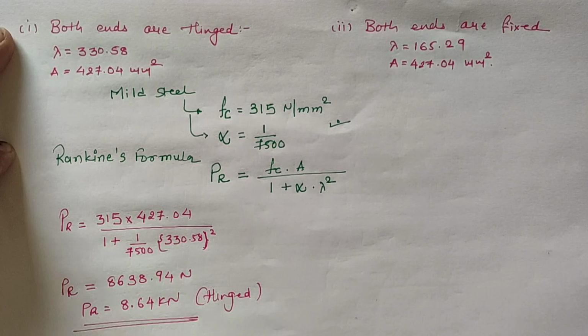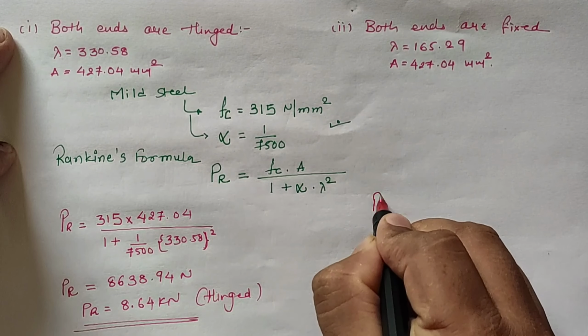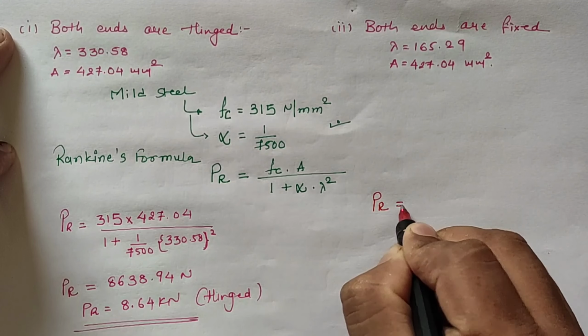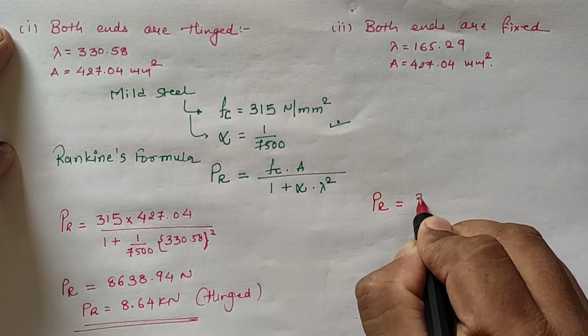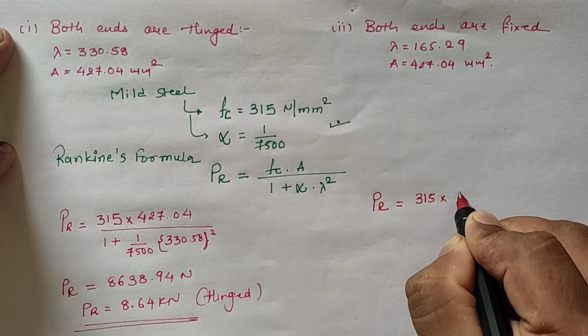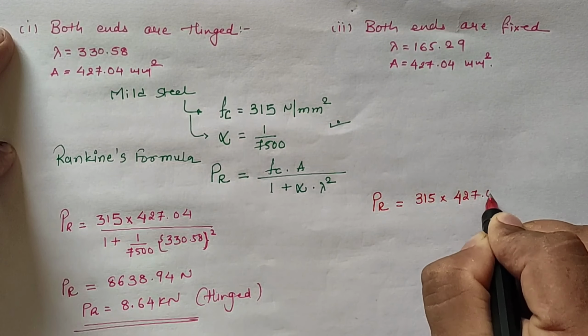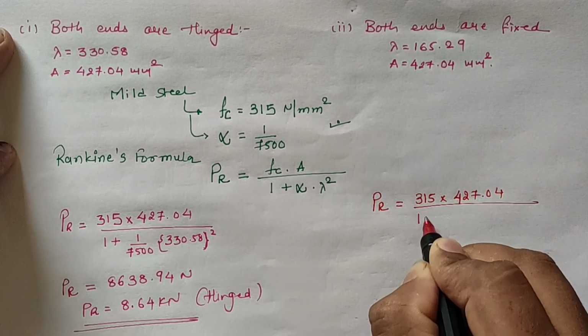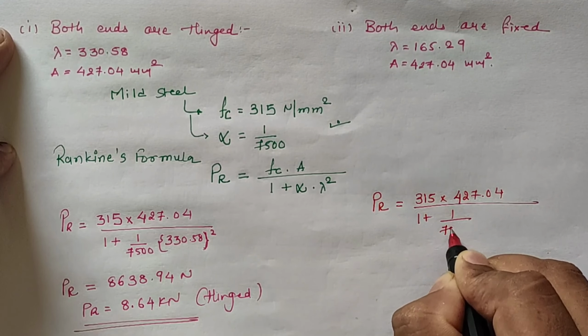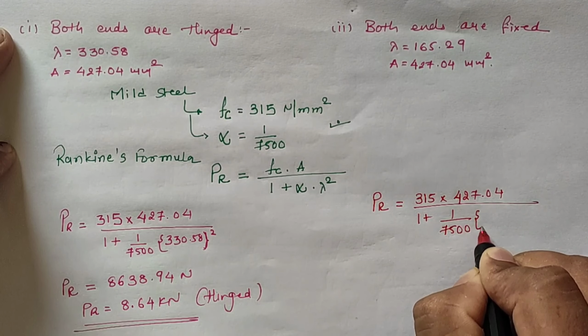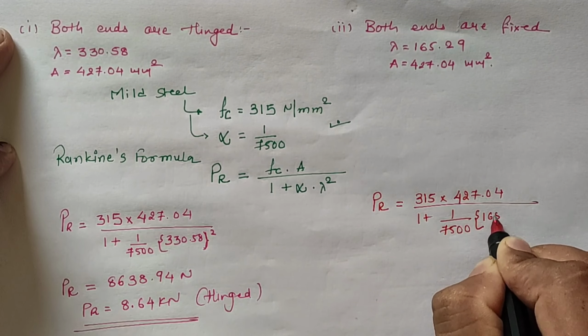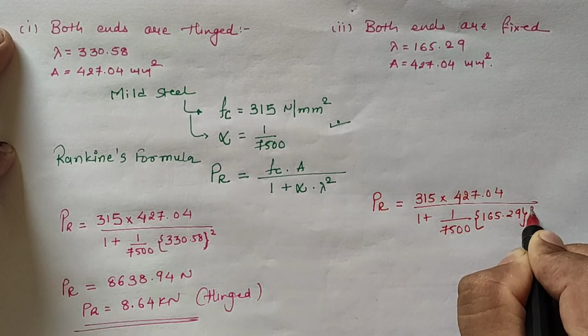And if we put the value for both ends fixed, we have Fc as 315, area as 427.04 divided by 1 plus alpha as 1 by 7500 into lambda 165.29 all square.